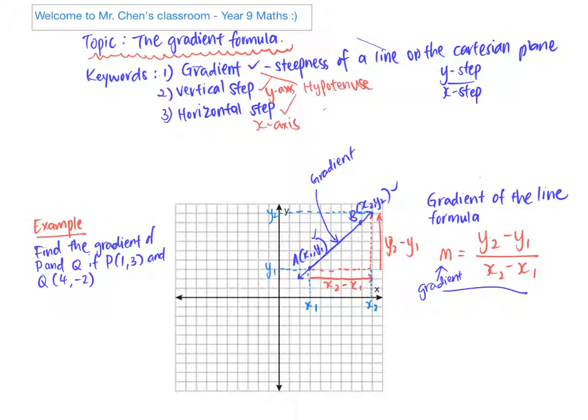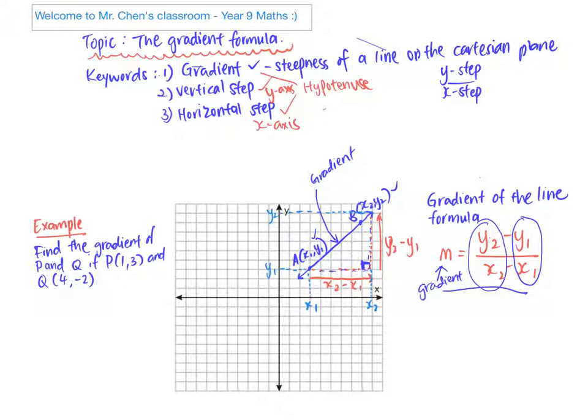What that means is that one coordinate has to be subtracted from the other, doing it separately for x and y. So what does that mean? If you look here, I'm actually creating a right angle triangle, with a 90-degree angle here.